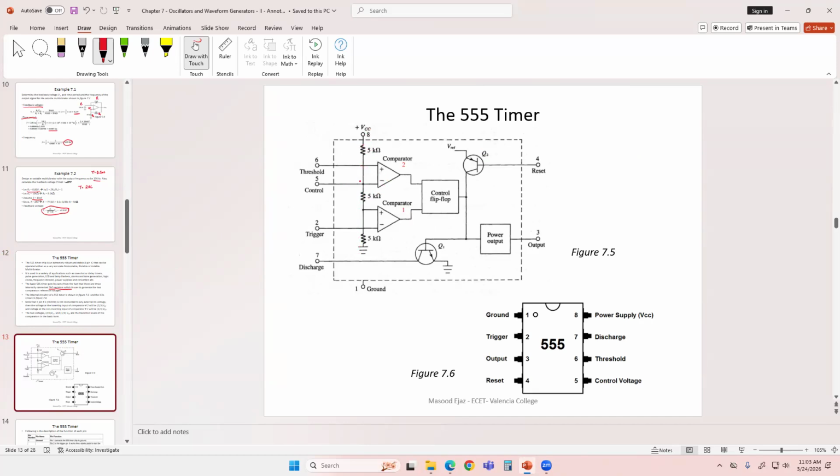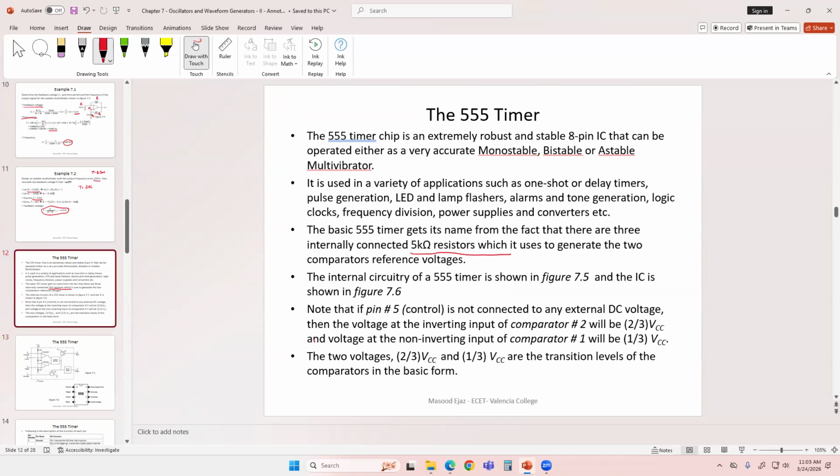And remember, they will appear to be in series with each other because the current is not going to flow in the operational amplifier. So this is going to be 2/3 of VCC over here if control is left open, and you're going to have 1/3 of VCC at the non-inverting input of comparator 1. That's what it says over here.